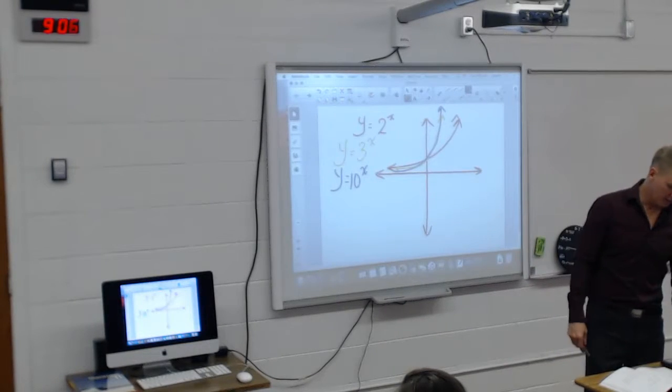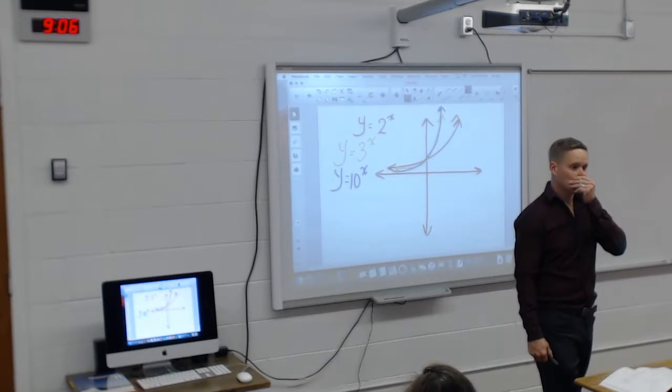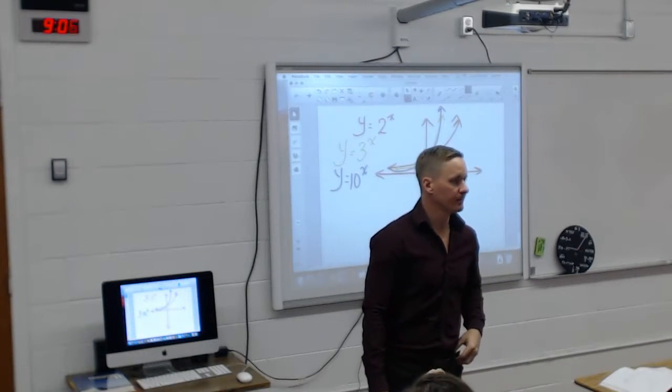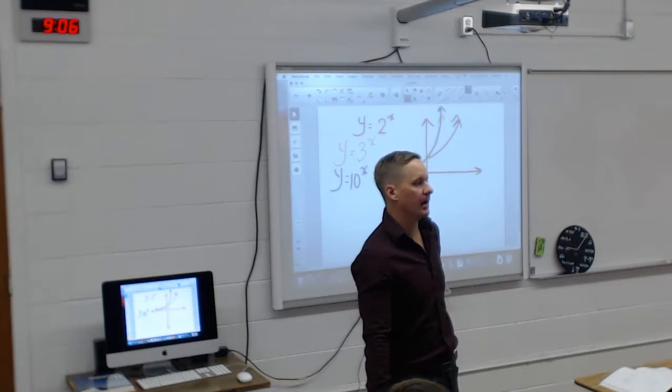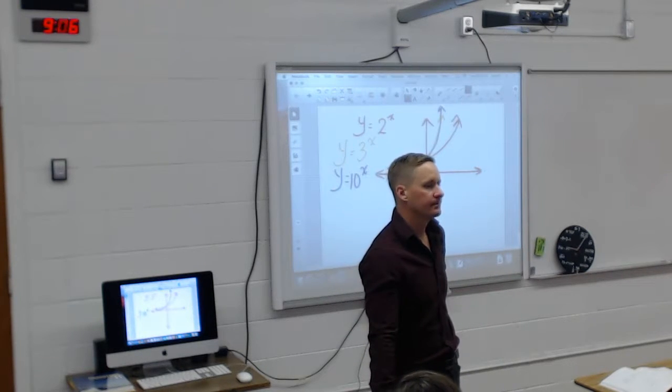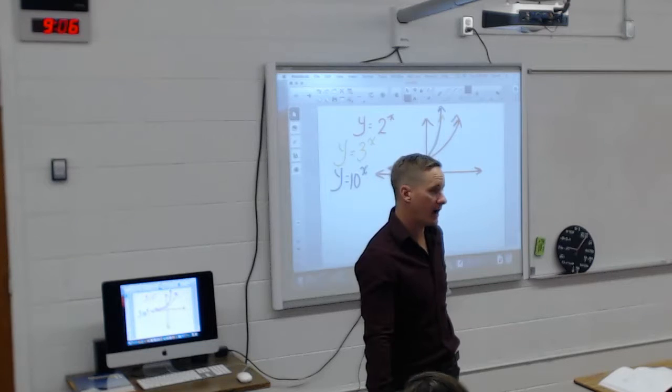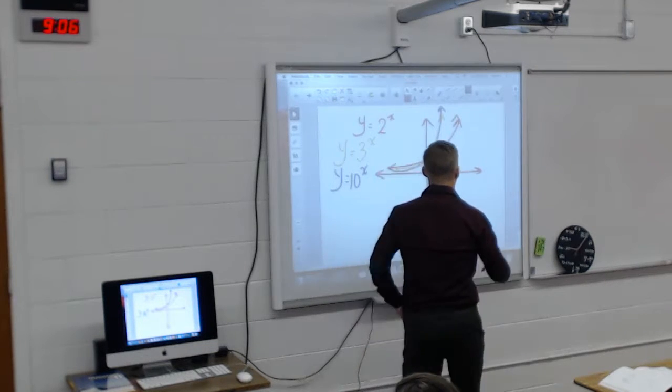What do you notice about all those graphs? They all start on the same point on the graph. How do you explain that mathematically? They all have the same y-intercept. I agree with that. Okay, so there's number one.